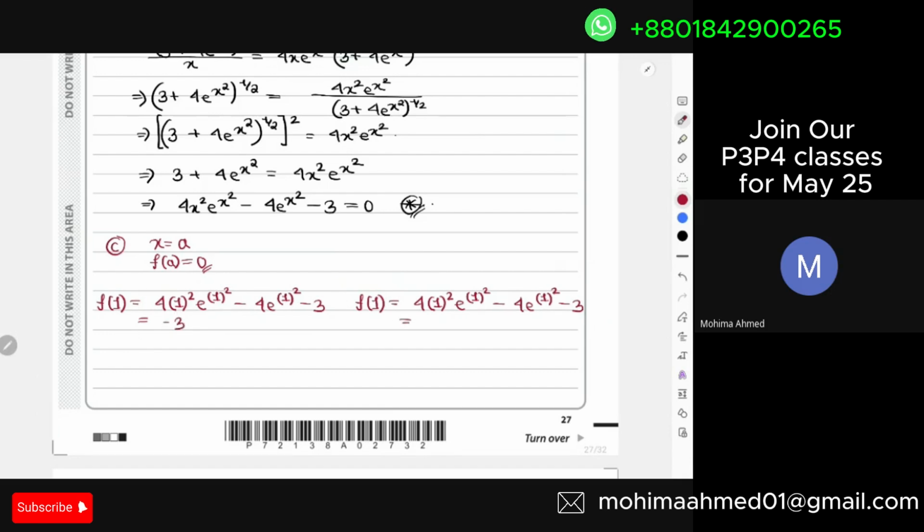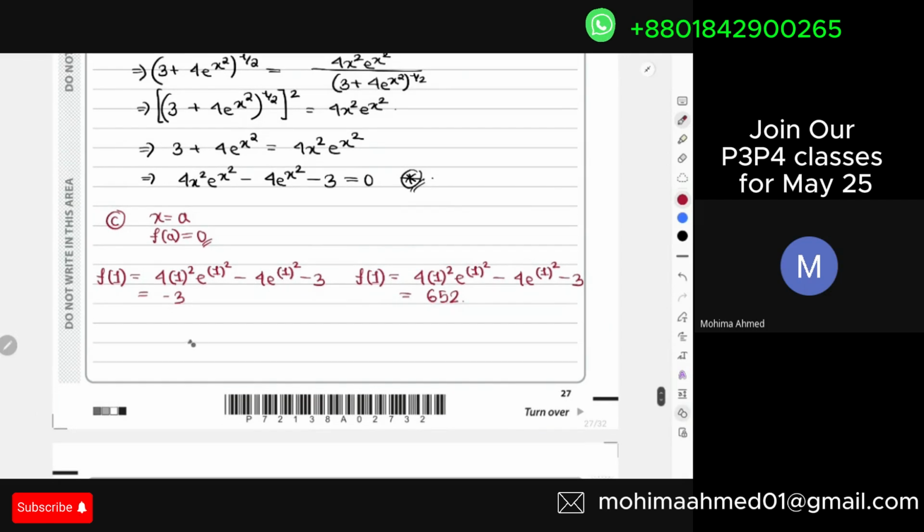And if you calculate this, you're going to get 652. What you can understand is that on this number line from 1 to 2, when the value for f at 1 was minus 3, and the value for f at 2 was 652, that means somewhere in between you got the value for f equals a, that was 0.